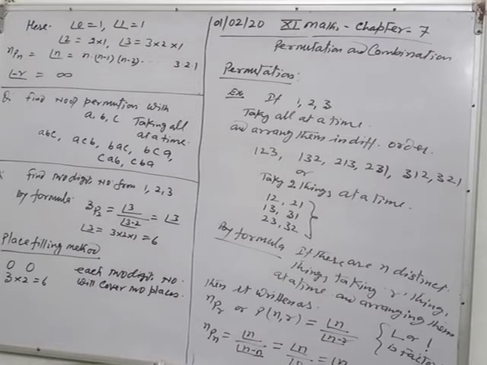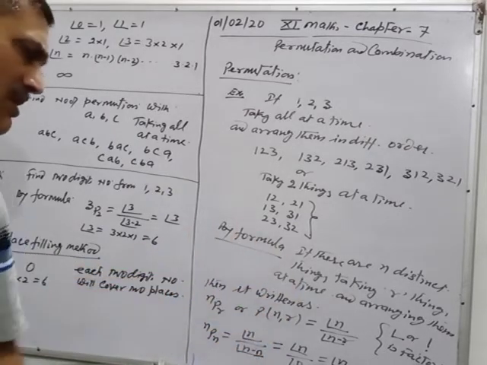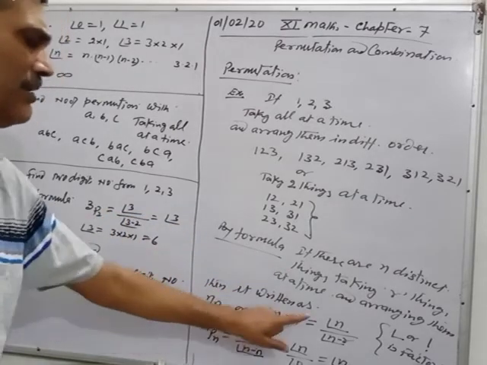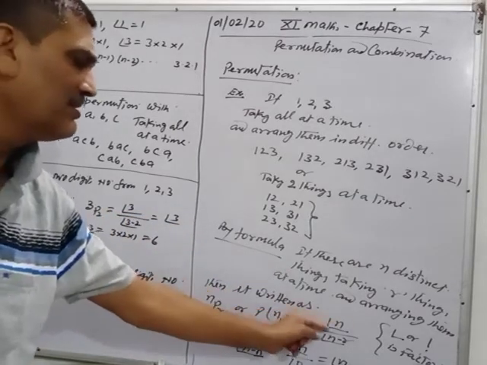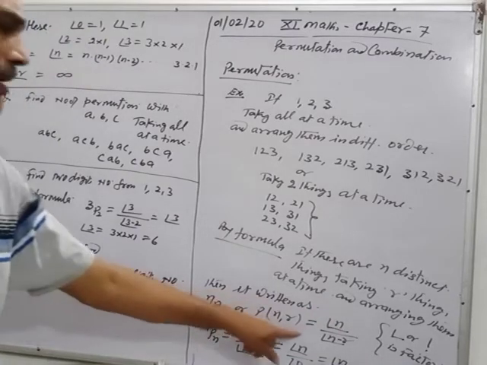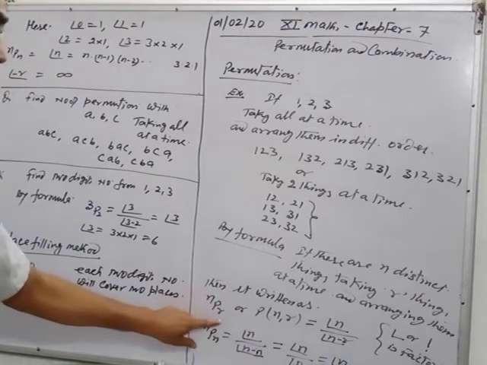So nPr, you can write P within bracket n, comma r. Remember here, its expanded form nPr is factorial n upon factorial n minus r. This sign is known as factorial. Means here n minus r.